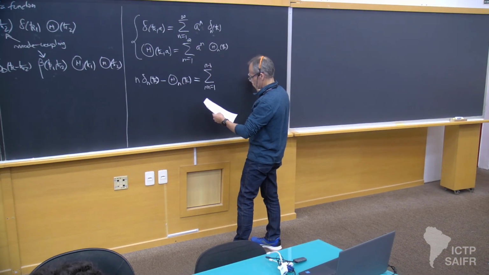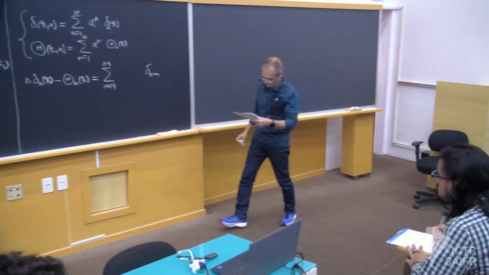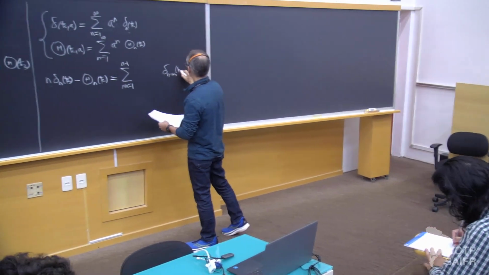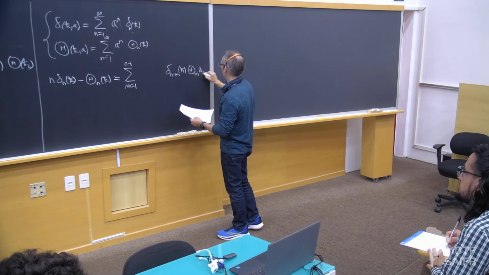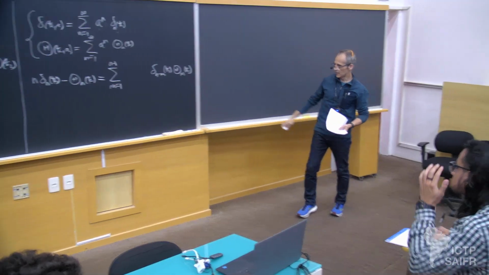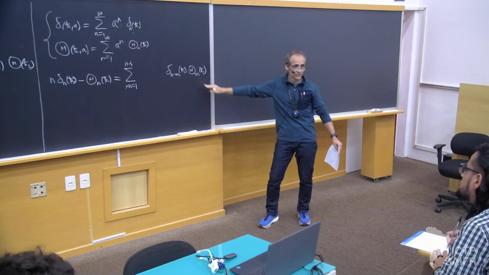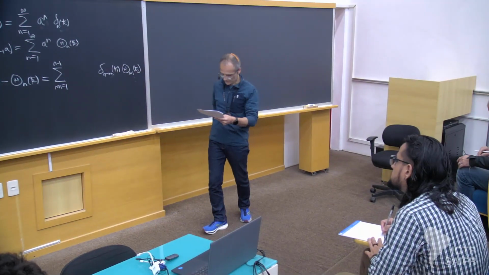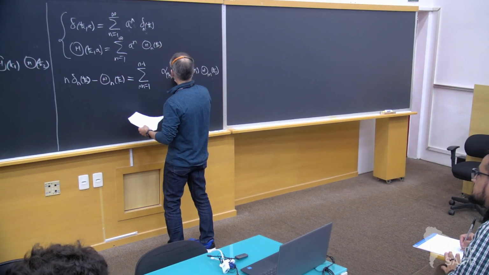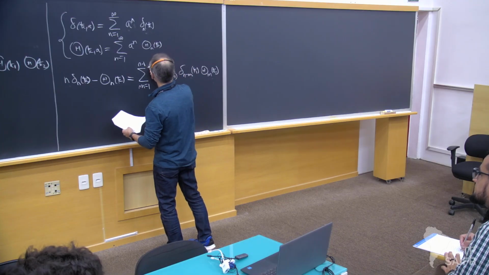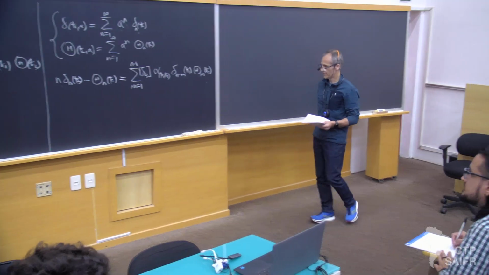I can have n minus m order in the density perturbations, and then m order in the velocity perturbations, and that adds up, this index plus this index, to n, so that will go as a to the n, like the left-hand side. And then, of course, I will still have the mode coupling functions, the delta function, which I'm going to write like this. It's always the same delta function I have over there.